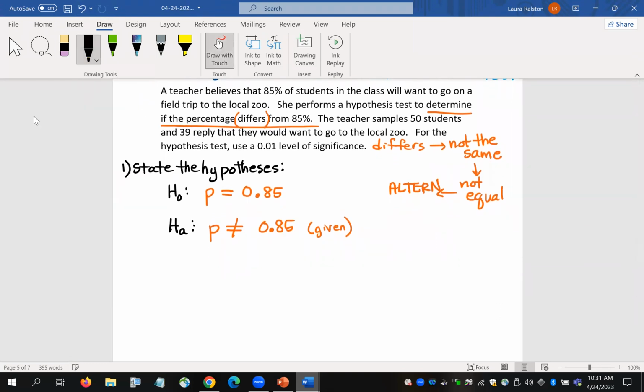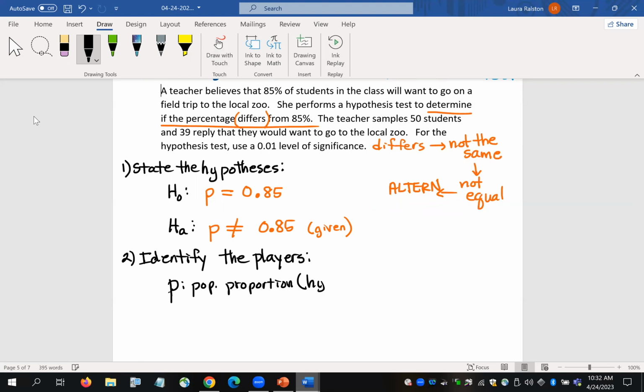Step two is to identify the players. You need P, which is the population proportion from the hypothesis.